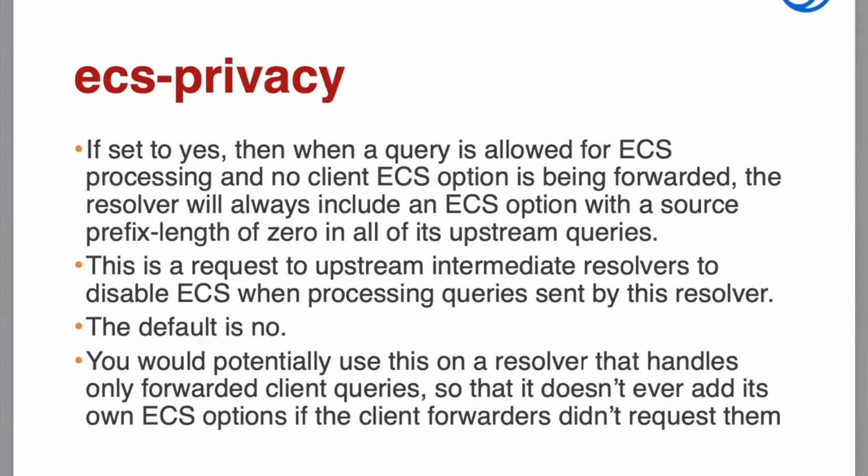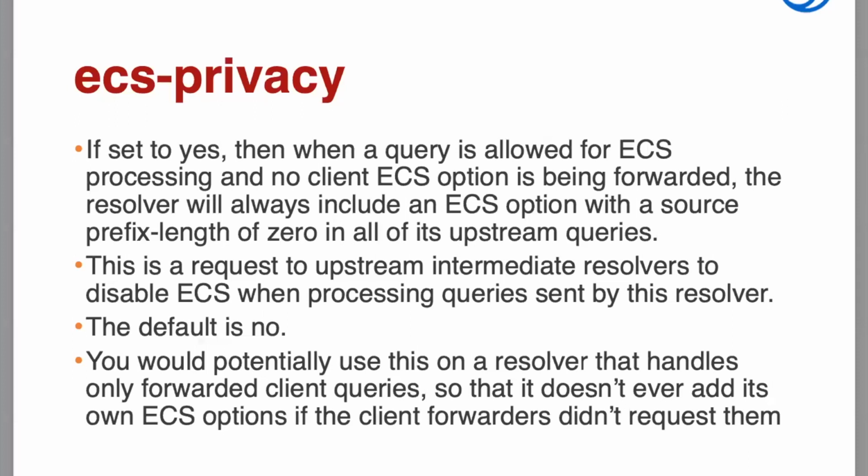So if they send you a query that doesn't have ECS on it, don't add it yourself. You honor what they send. So if they haven't put any ECS at all, so no scope, so global, in this instance they do not want you to add ECS on their behalf. Does that make sense? It's quite a complex thing to get your head around.